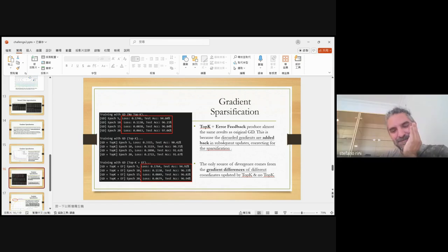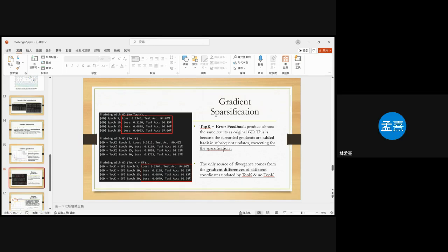This is because the discarded gradients are added back in subsequent updates, correcting for the sparsification. And from the loss and accuracy, we can conclude that it's almost at the same point in the parameter space.